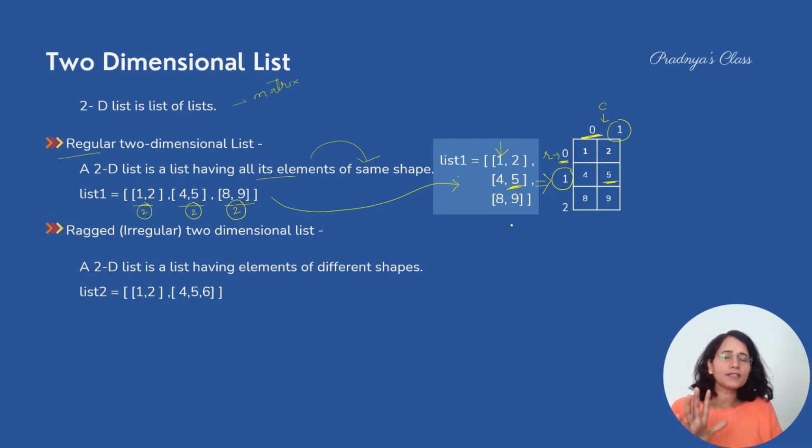So using this concept, you can access the elements of the nested list. It is just like a matrix. There is one more type of two-dimensional list which is irregular, in which the lengths of the nested lists will be different. You can see in this example the length of this inner list is 2 and the length of this inner list is 3, which is of different length.